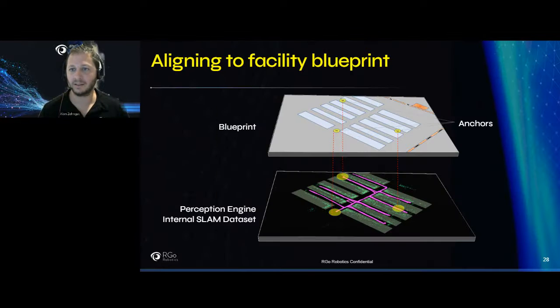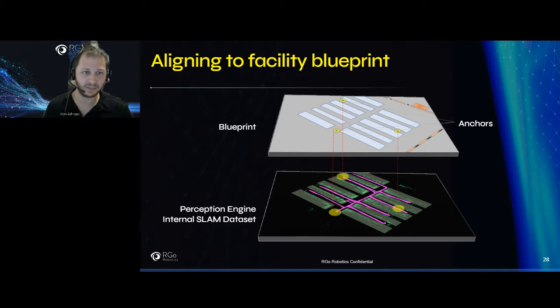The next feature I'm going to review is how to align yourself to a blueprint. A lot of our customers have a blueprint or a CAD drawing of the facility to visualize it.